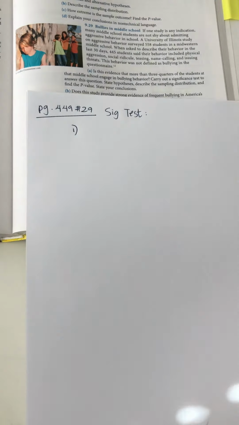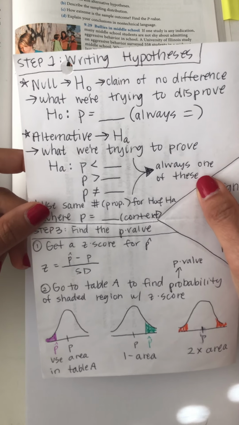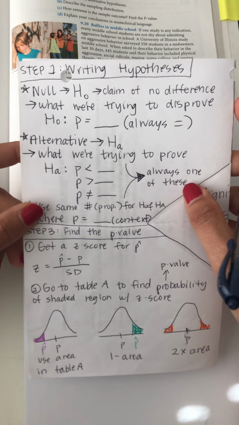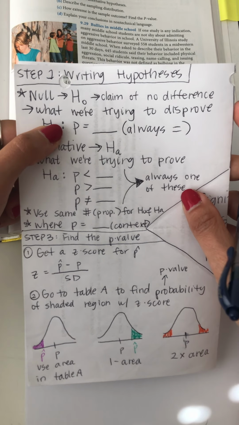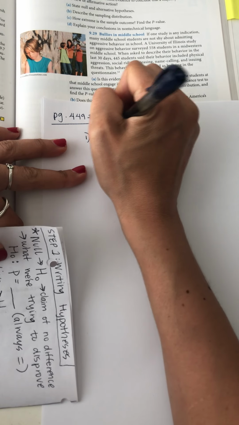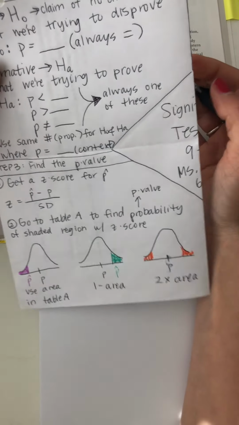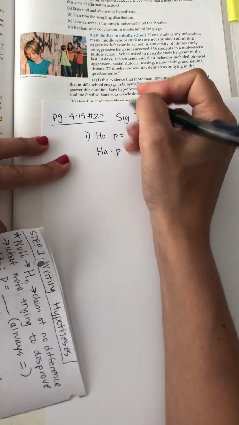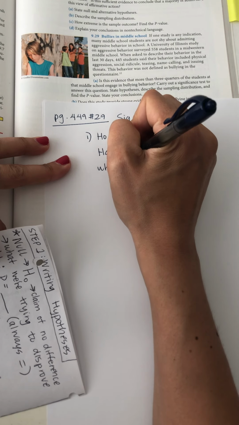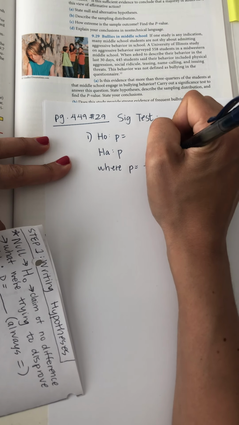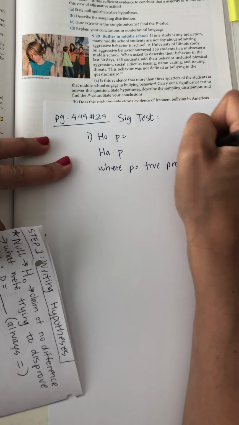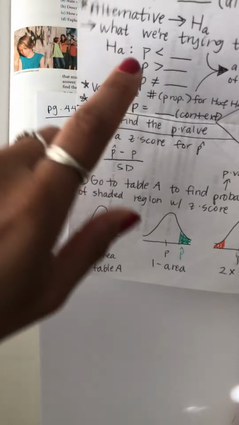Step 1 is writing a H-naught and a H-a, writing some hypotheses. So step 1 is the H-naught: p equals. The H-a: p something other, and then we say where p is equal to the true proportion of whatever the context is.